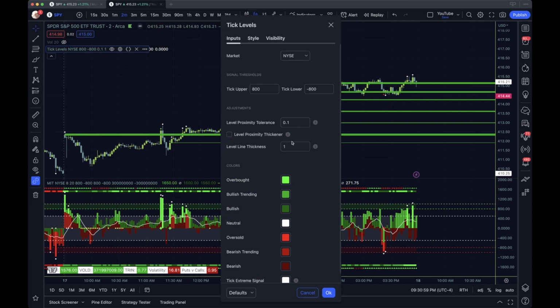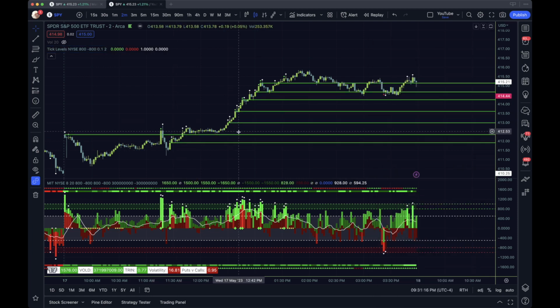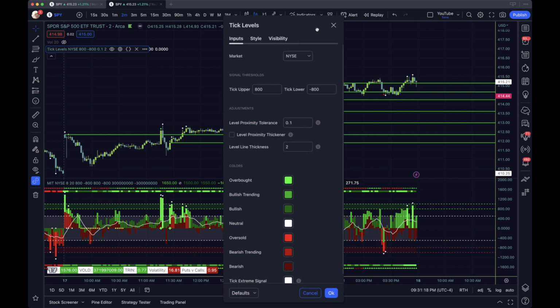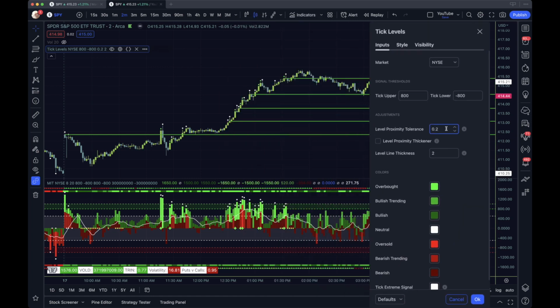You can turn it off. You can set your own thickness. I don't know what the limit is, to be honest with you, but I think 2 is probably enough. And then you can also change the proximity. See here, if you set the proximity tolerance to a higher number, it's going to probably draw fewer levels when tick is incredibly chatty.